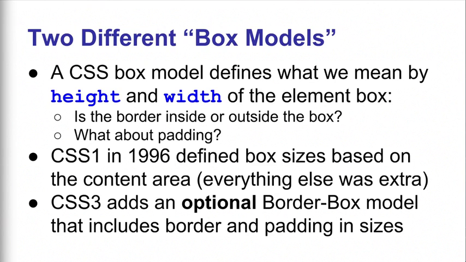The rest of the measures are added in after setting aside the allotted space for the content. The second way is with the new CSS3 border box model, which attempts to simplify the width calculations by treating the element border as the official edge of the box.